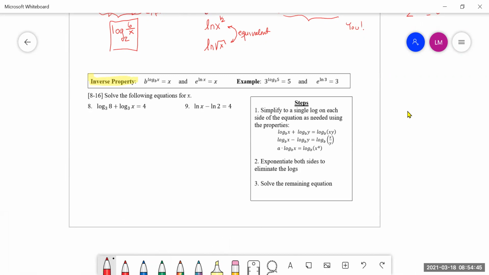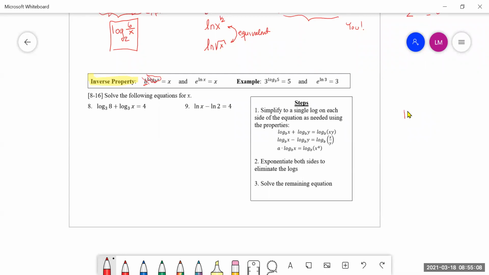Let's just focus on this logarithm right here. I have a log base b of x. If I exponentiate, if I turn this logarithm into an exponent by using exactly the same base as it was in the logarithm, then they undo each other, and the answer will be x.